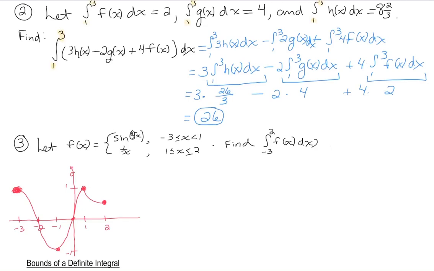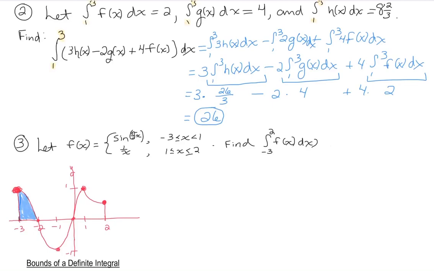So essentially, we're looking at the definite integral going from -3 all the way over to 2. And we're going to break this up. If we think about these areas, there are different areas here, and some of them are above the x-axis and some are below.